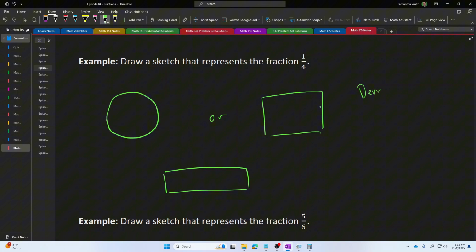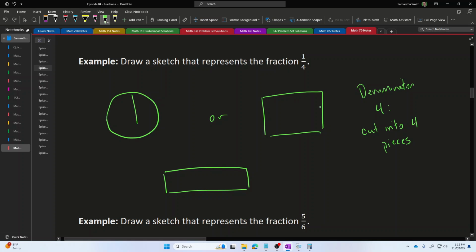The denominator is 4, so I have cut my object into 4 pieces. So cut into 4, say something like this, or cut into 4 like this, or like this.